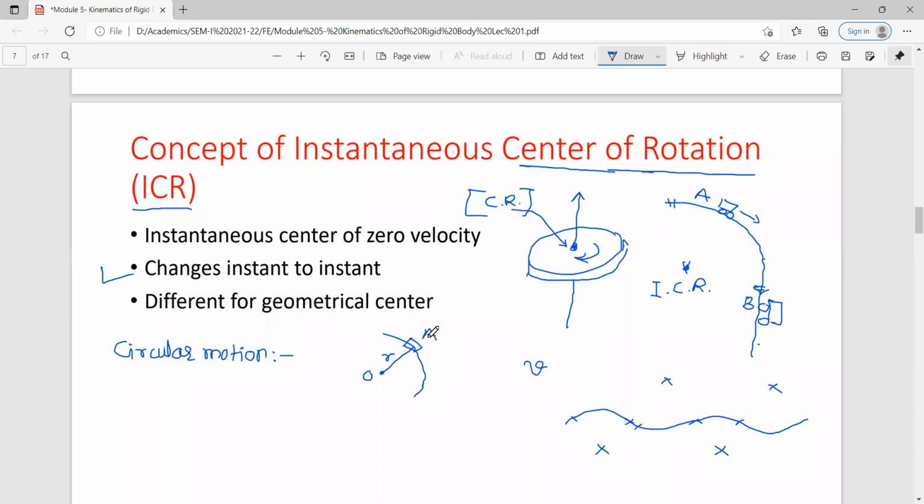So if point A is moving, how will you decide the direction of its velocity? Direction of velocity. Tangent. Yes, it is tangent to point A, tangent to the circular path.